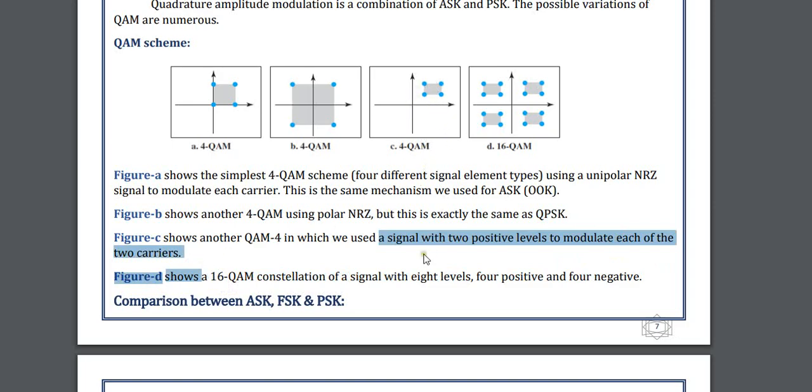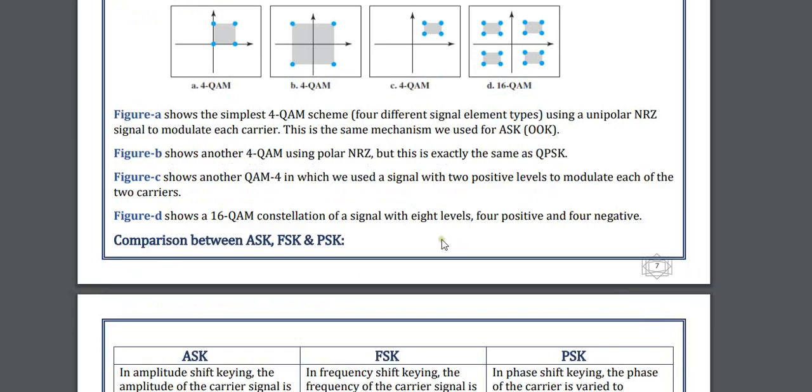And in D, we show a 16 QAM constellation of signals with 8 levels, 4 positive and 4 negative.